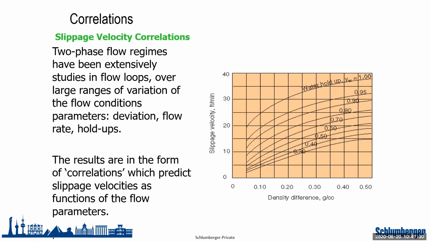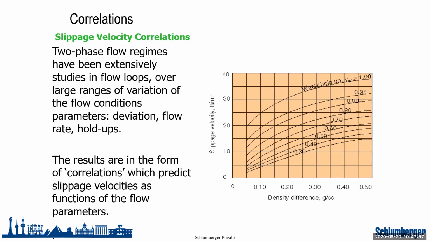Okay, so this is just to show you the slippage velocity compared to density difference, okay? We say that this is directly related to the density difference, but it will also vary with other conditions studied in flow loops, like deviation and flow rates.